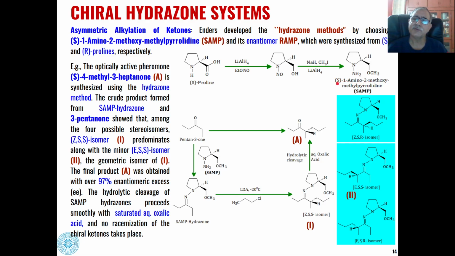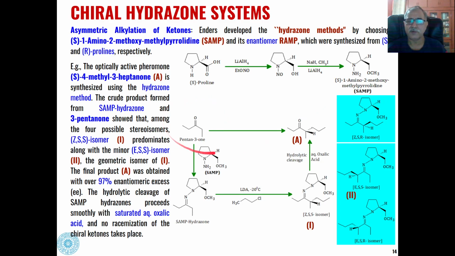Similarly, if we start with R-proline we will get its isomer, that is RAMP will be synthesized. So S-proline will give you SAMP and R-proline will give you RAMP as the chiral auxiliary. So depending upon the starting chiral auxiliary, we will get the type of alkylated product.